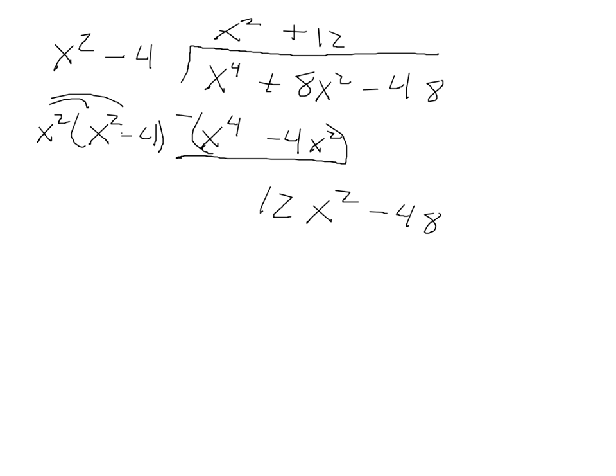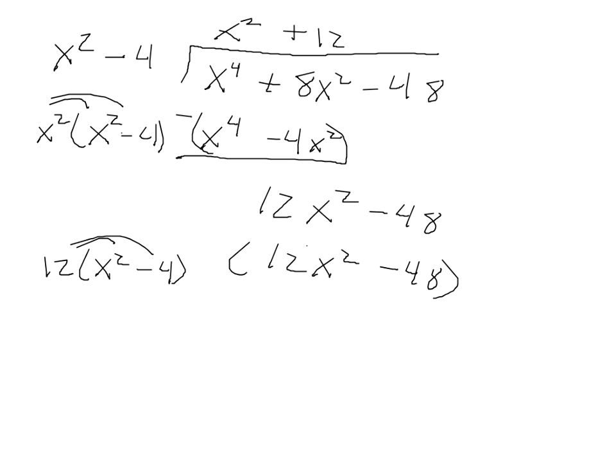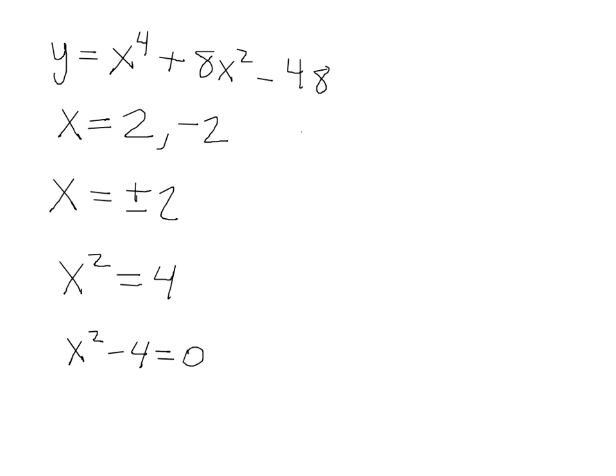And so I do 12, and distribute that. Subtract, I get 0. And so there's my factor. I'm going to go back. And so this factors into x squared minus 4 and x squared plus 12.